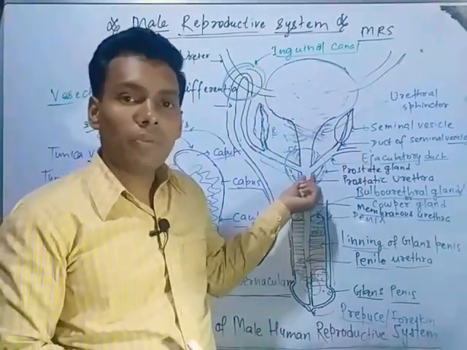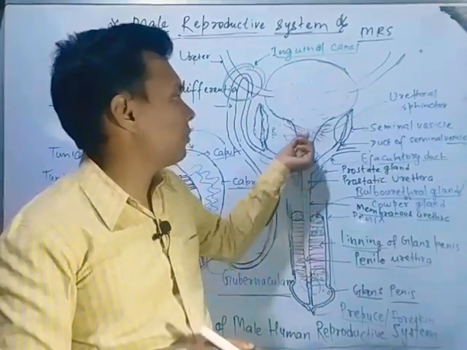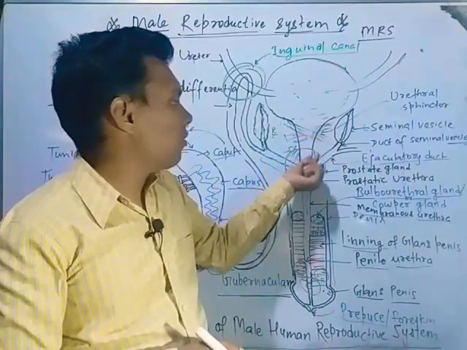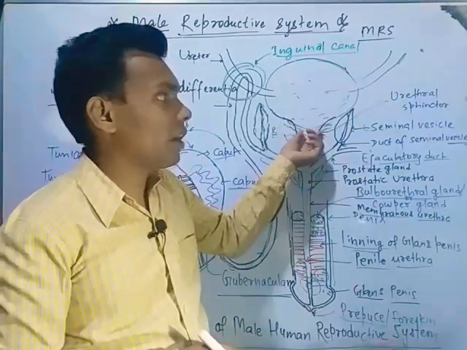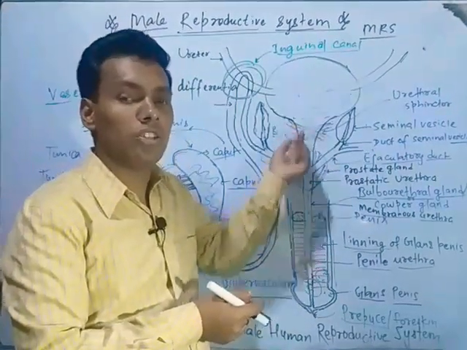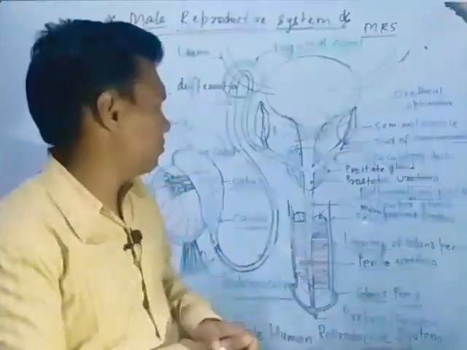When ejaculation or sexual intercourse is performed, the urethral sphincter, before the prostate and after the urinary bladder, closes the path and urination is blocked.